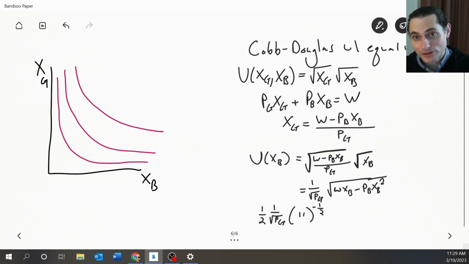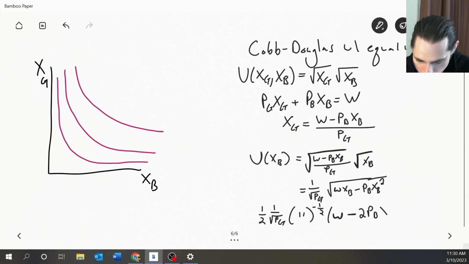Eventually that's going to cancel, you'll see in a second, so there's no reason for us to write it. And then, using the chain rule here, we're going to get w minus 2 pb times xb.